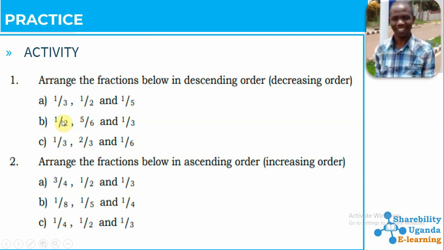Then our part B, we have 1 out of 2, then 1 out of 5, then 5 out of 6, then 1 out of 3. Then our part C is 1 out of 3, then 2 out of 3, then 1 out of 6. So they want us to arrange these numbers.